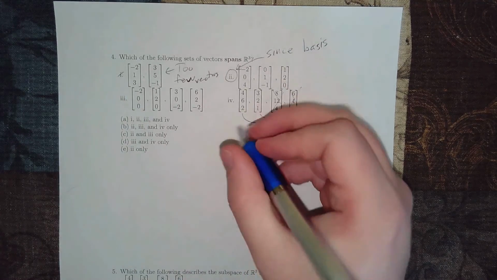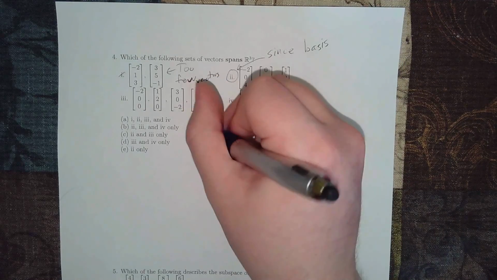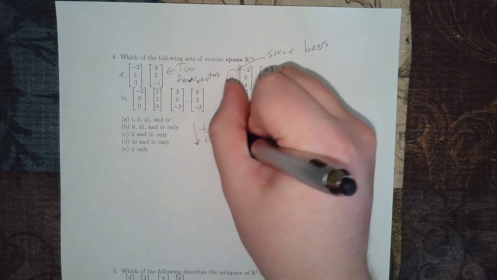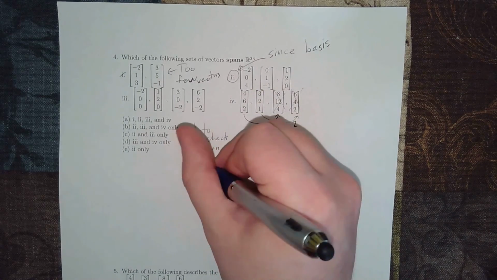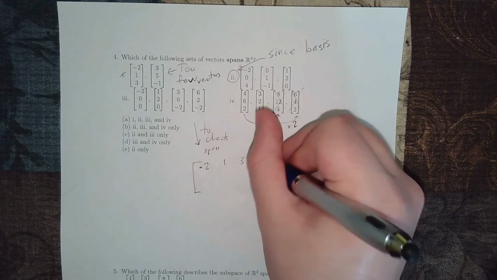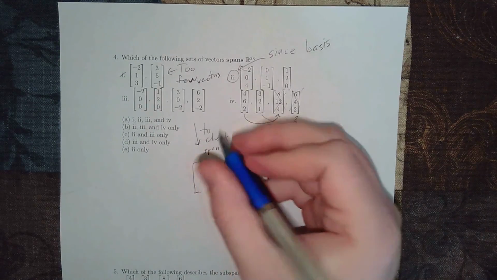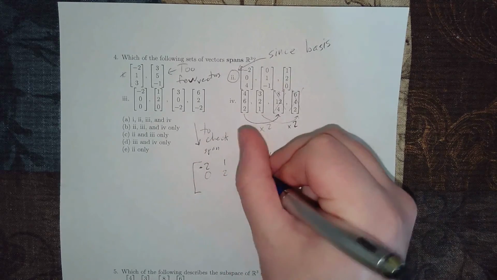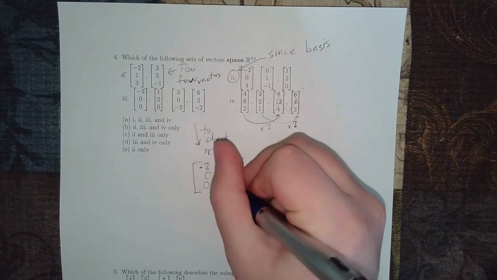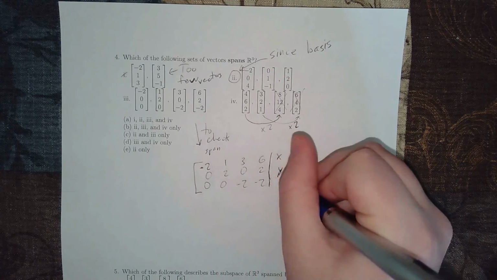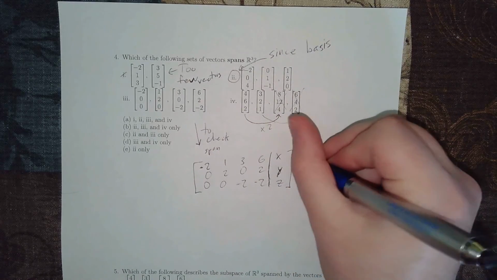And in the end, 3 we could check by taking -2, 1, 3, 6, x; 0, 2, 0, 2, y; 0, 0, -2, -2, z, and getting the reduced row echelon form.